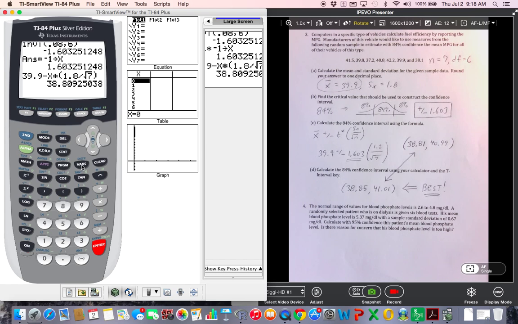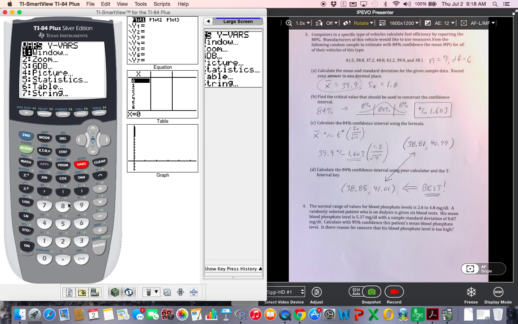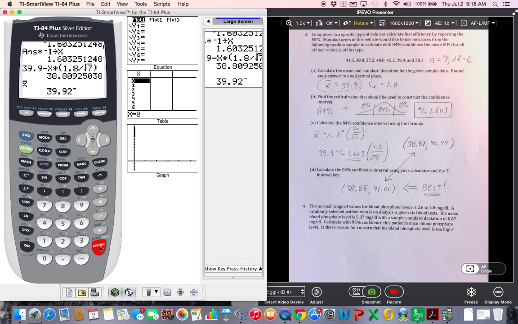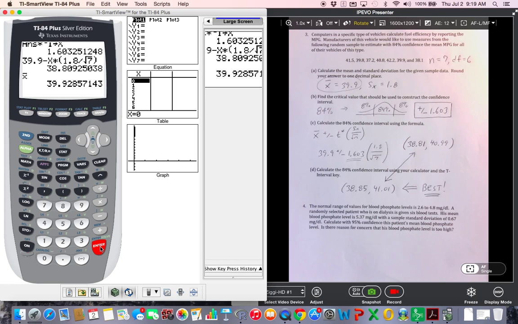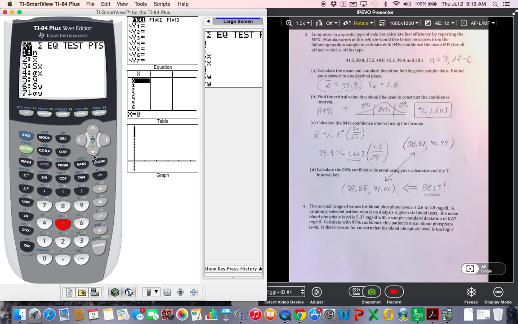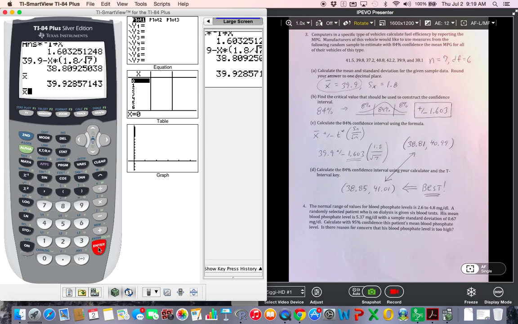I think there is. If we go to variables and go to 5, we can come down to number 2. Let's see what this does. Yeah, it does. So let's do this. Let's go to variables. You're probably sitting there thinking, Dr. Darber, why don't we just use the... So let's go x bar minus.